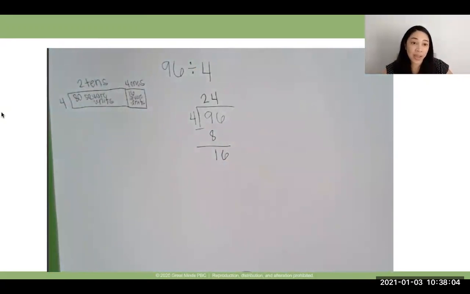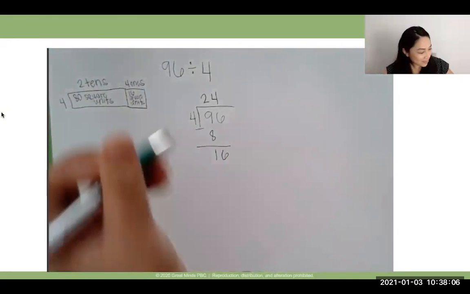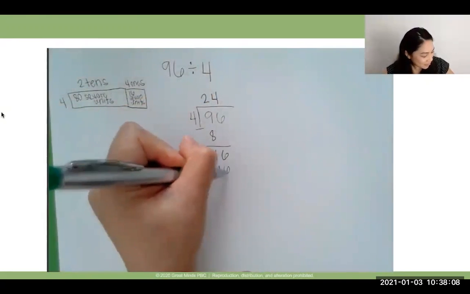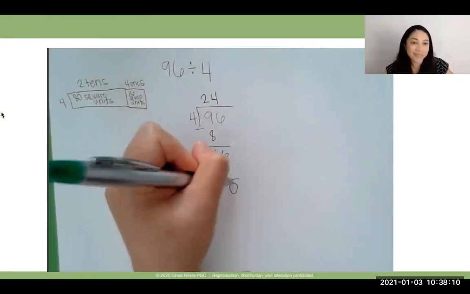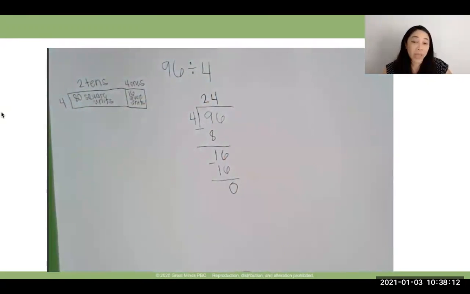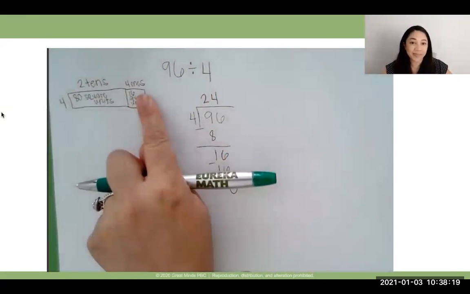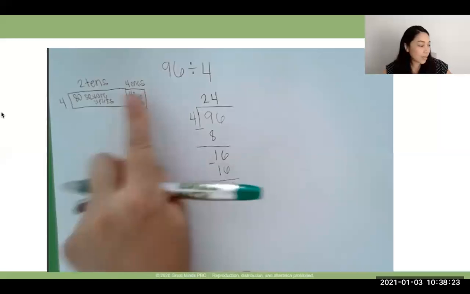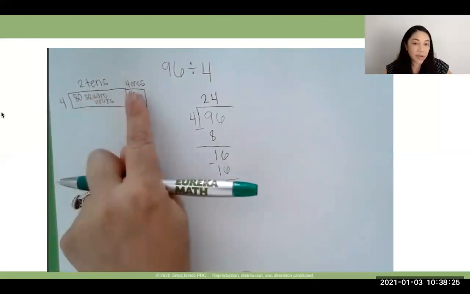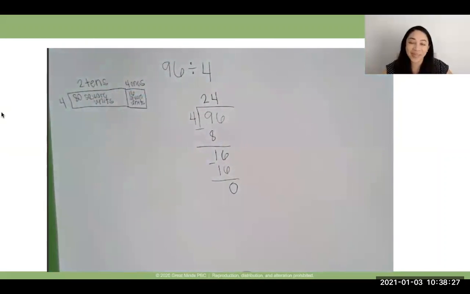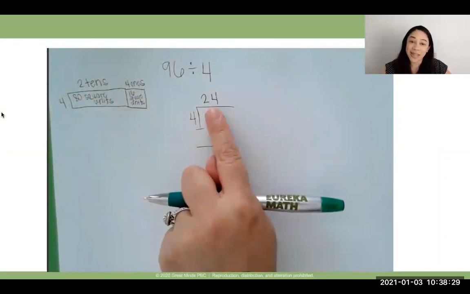We had 16 square units to divide, and we did. We have no more area to divide. So what is the length of our unknown side? 4 ones, or 24. And our quotient tells us that length.